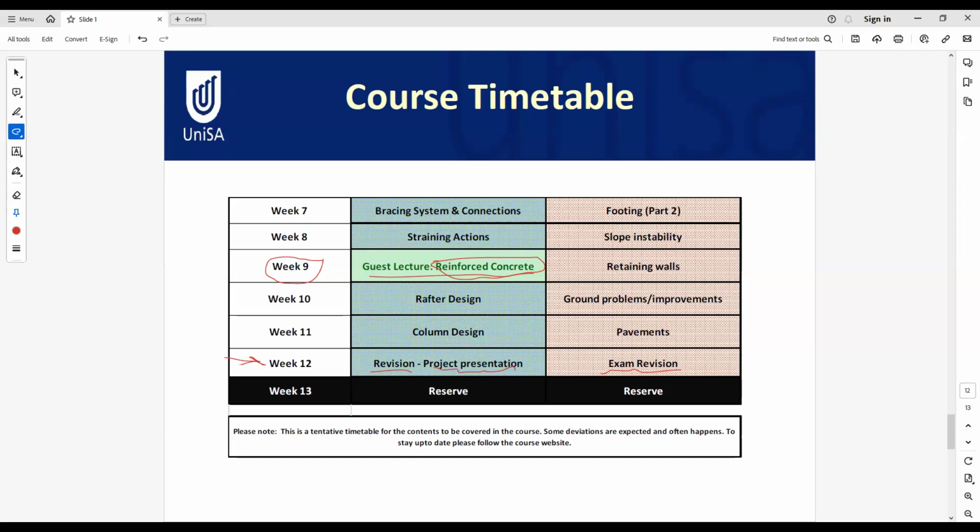For the substructure part, we will solve examples and the tutorial is embedded in the lecture. I will try to solve some problems in the lecture. So don't worry about assistance in this course. I will do my best to assist you during the course.